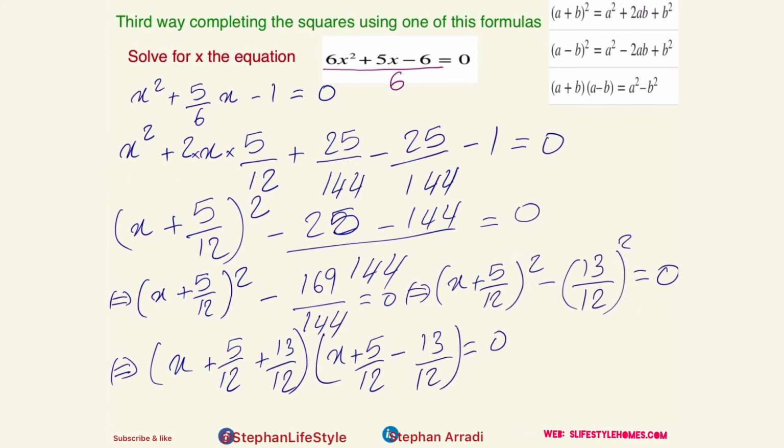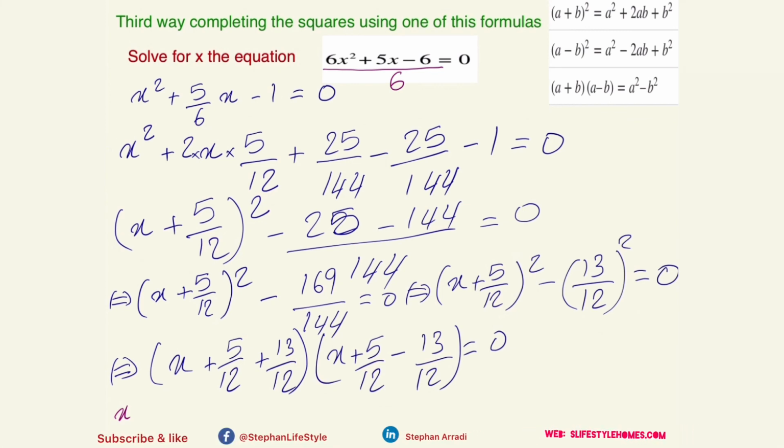So let's change the color so as not to mix it. If we have it like that, two numbers multiplied is equal to 0, so one of them or both will be equal to 0. So this here is equal to 0, or this one here is equal to 0. I don't have a lot of space.